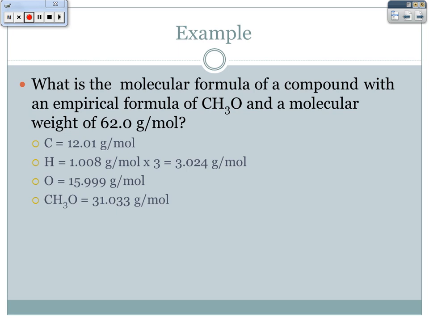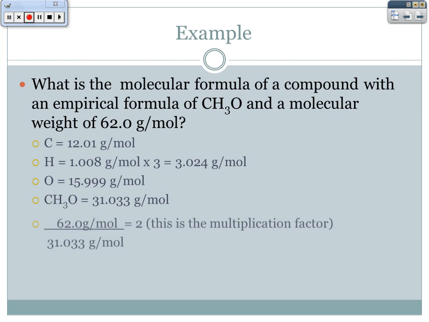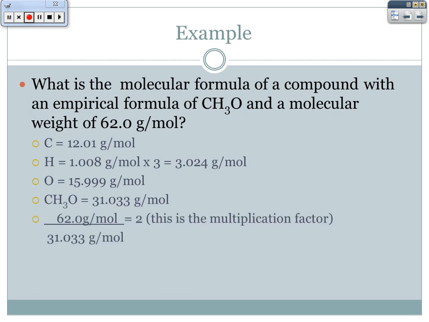So 62 is larger than this, so we're definitely going to be dividing the molecular weight by the molecular weight of the empirical formula. So you take 62.0 divided by 31.003, and you get 2. This is the multiplication factor. So we're going to use this number and multiply the empirical formula by that to get the molecular formula, which now becomes CH3O becomes C2H6O2.